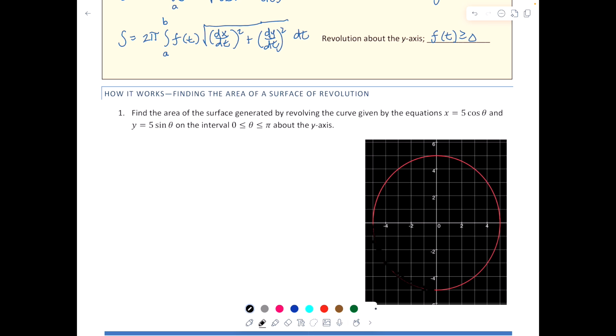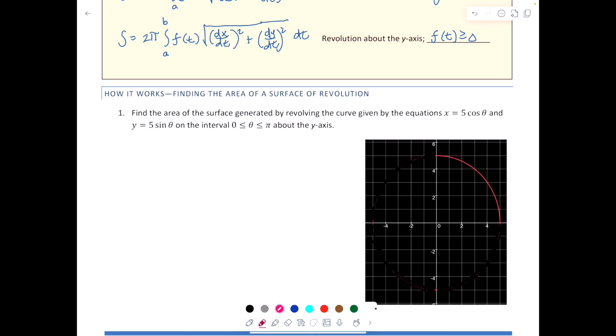If you're revolving about that y-axis, you don't want to include this portion on your arc. So we're going to have to stop this at pi over 2 to get our area. So we're going to be working on just this arc, and we're going to be revolving it.